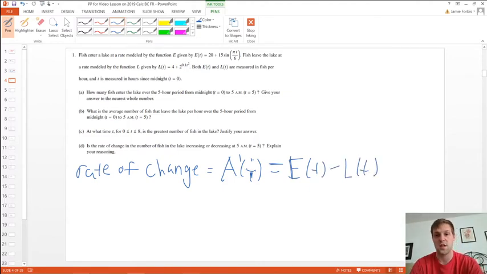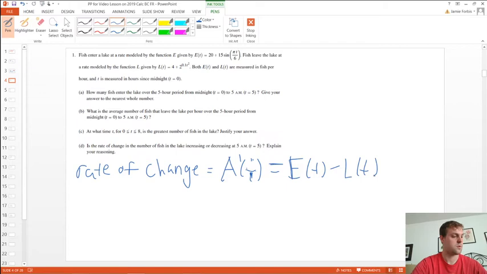So it wants to know, is the rate of change in the number of fish in the lake increasing or decreasing? So is the rate of change, so we're going to set that equal to 0 and solve.